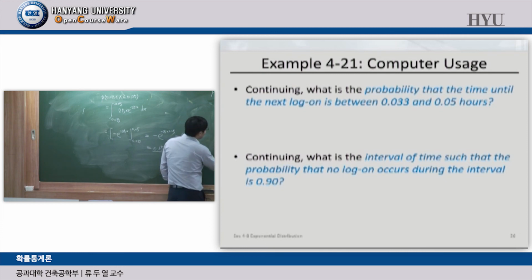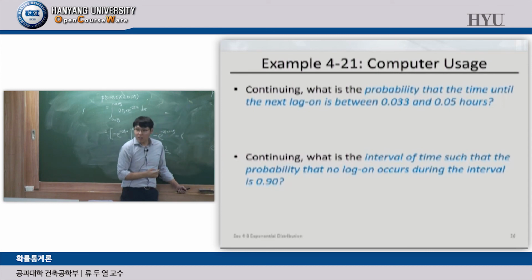This will be minus e^(-infinity) plus e^(-25x), and e^(-infinity) should be equal to 0. So e^(-25x) should be equal to 0.9.